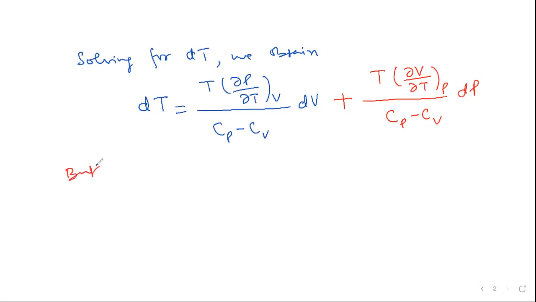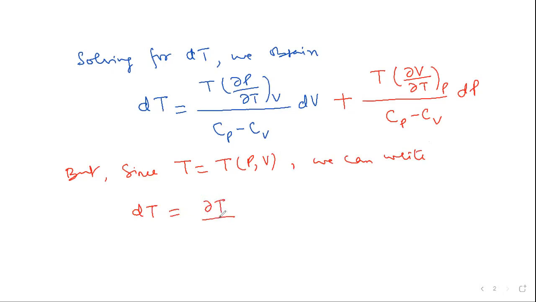But since temperature is taken as a function of P and V, we can write dT as dou T by dou V at constant P dV plus dou T by dou P at constant V dP, right?